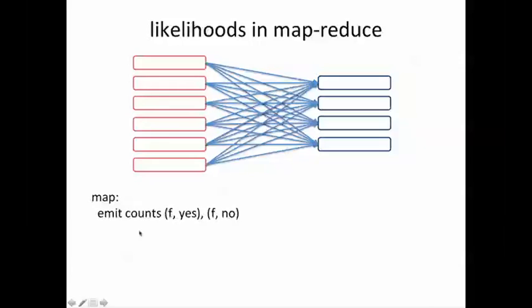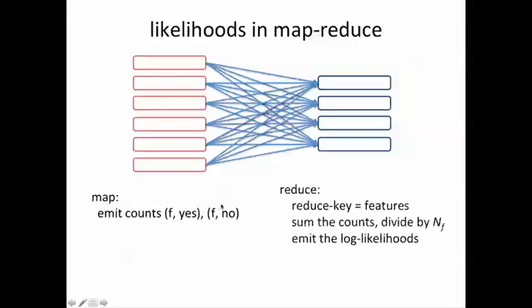So the map phase merely produces the counts of feature yes or feature no, which are then grouped by features in the reduce phase so that we get all the counts that were emitted for a particular feature in one reducer, where we merely sum up the respective counts and divide by the total number of instances that we've seen for a particular feature. Finally, we emit the log of this likelihood so that we get the elements of our Bayesian classifier.